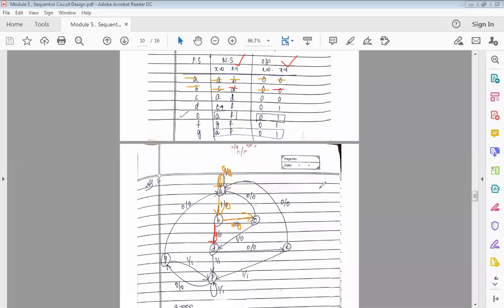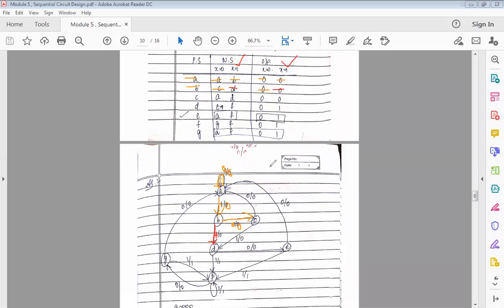Neatness should be given importance. And once it is neat, you yourself will not get confused when you are cross verifying if all the things are put properly in your graph or not. It is going to help you a lot, more than the marker, in cross verifying things. And of course, if everything looks good, there might be a chance of you getting an extra mark as well, right?